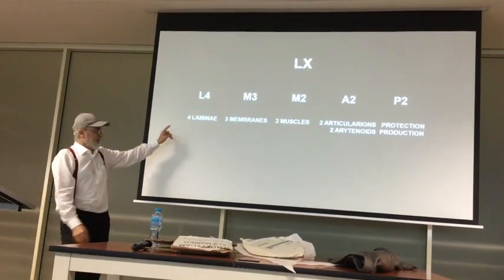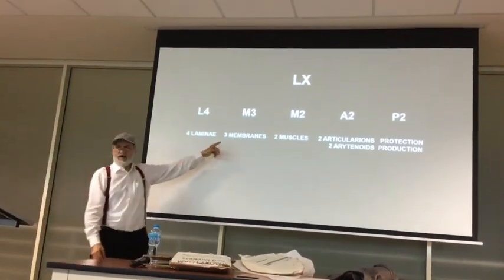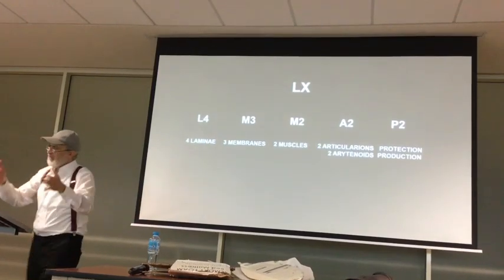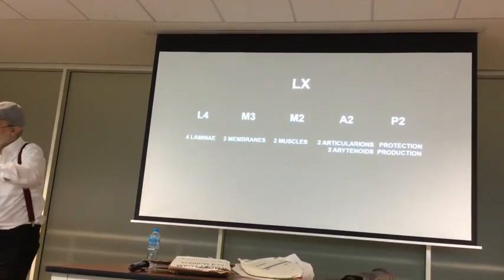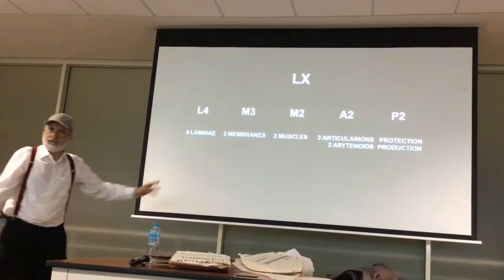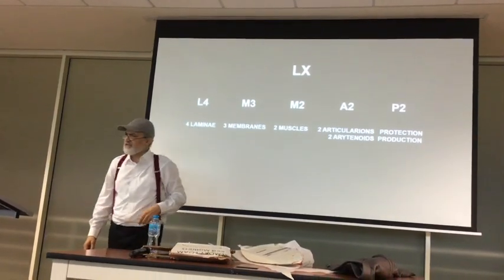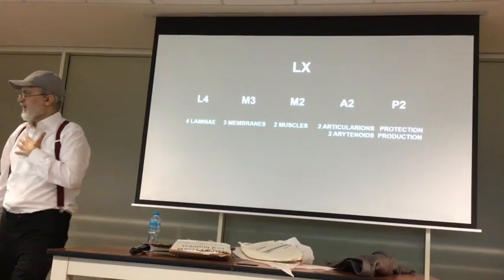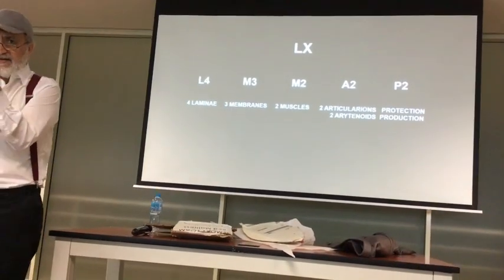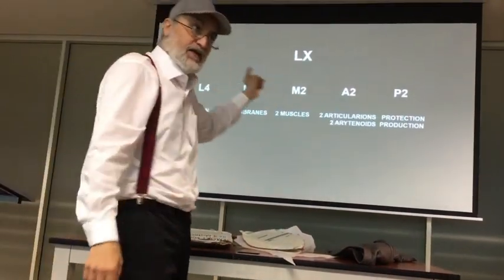How many laminae in the larynx? 4. How many membranes? 3. 2 quadrangular, up, and 1 down, called cricovocal. We'll see this in a minute. 2 muscles only in the larynx. What I care for in the exam is 2 muscles. What are they?